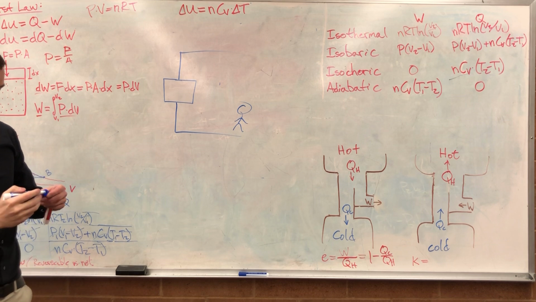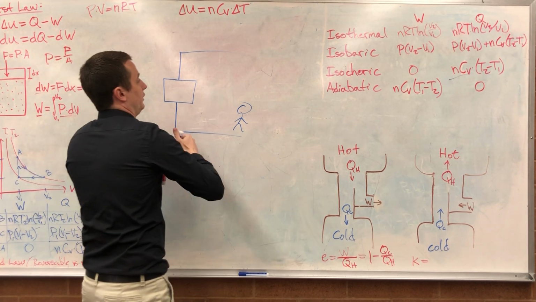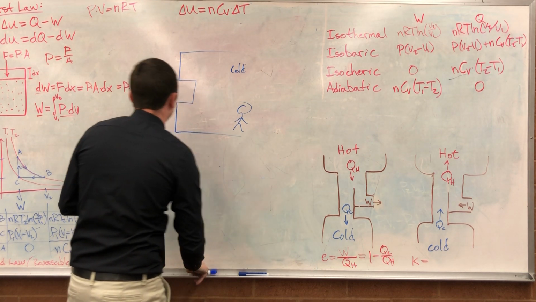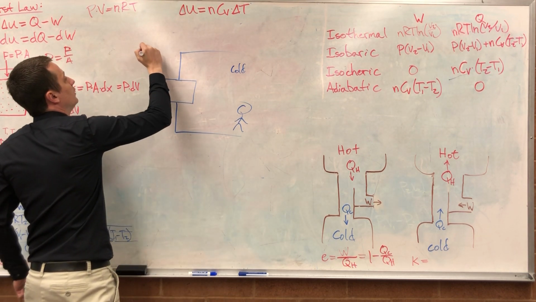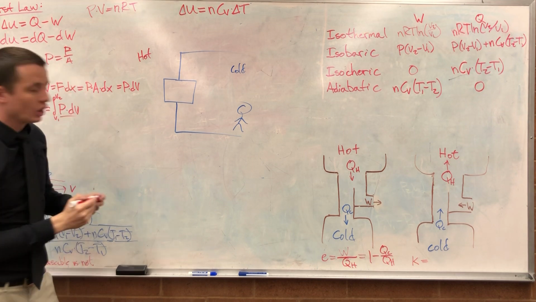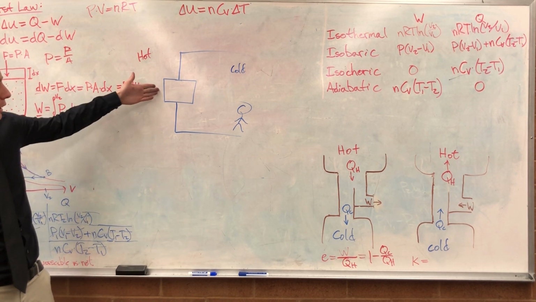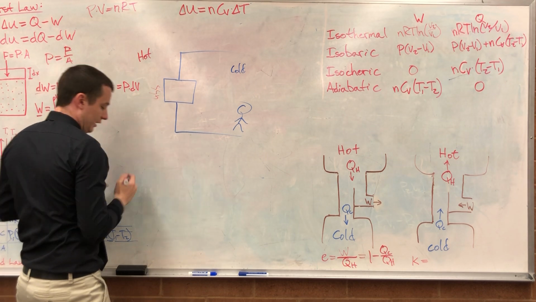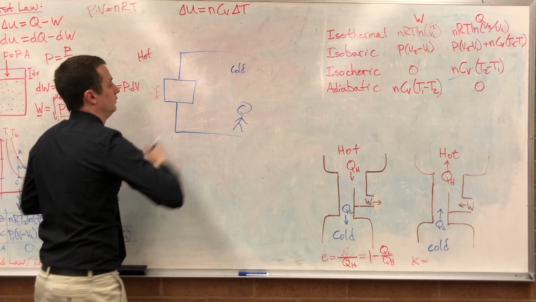This in your room is considered the cold source, and this outside is considered the hot source. If you've ever gone up to one of these things, you might notice it's blowing hot air out the back, and it's blowing cold air out the front.